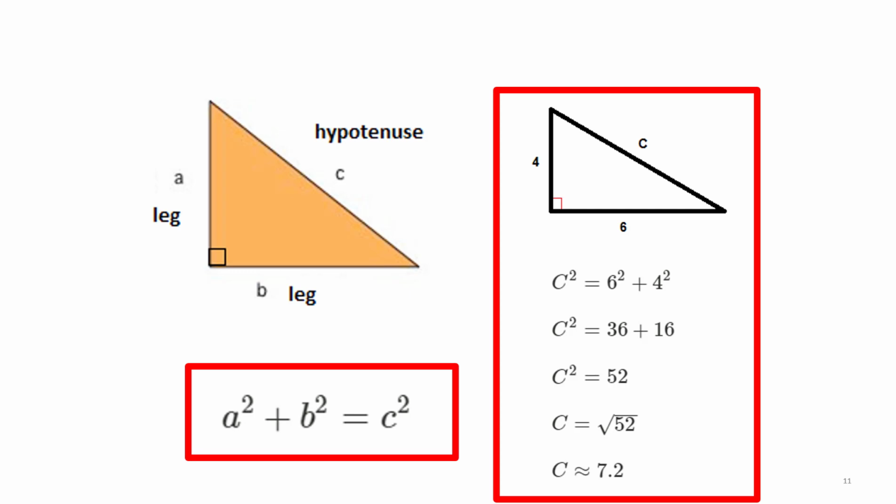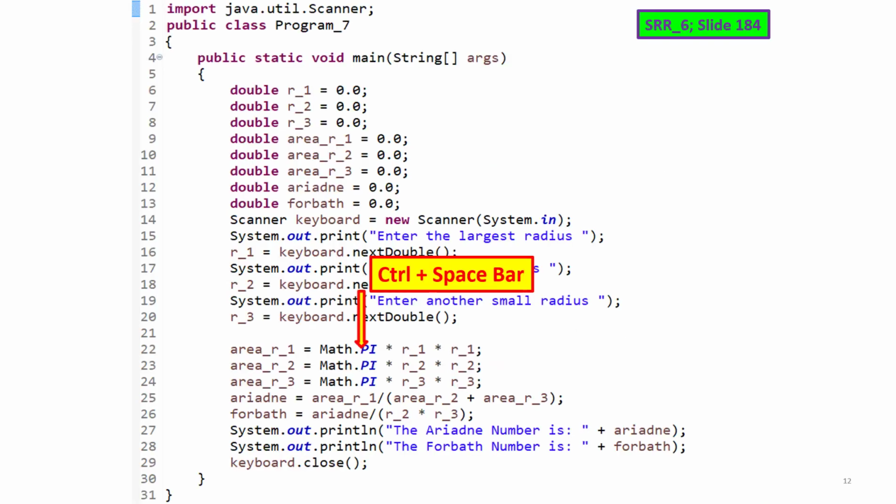Now, in Lecture 6, we looked at the Math class in the Oracle Java documentation to find the constant pi. But we can also get the details for pi from Eclipse's help screens by hitting Control Space while the cursor is just to the right of the period that follows Math.